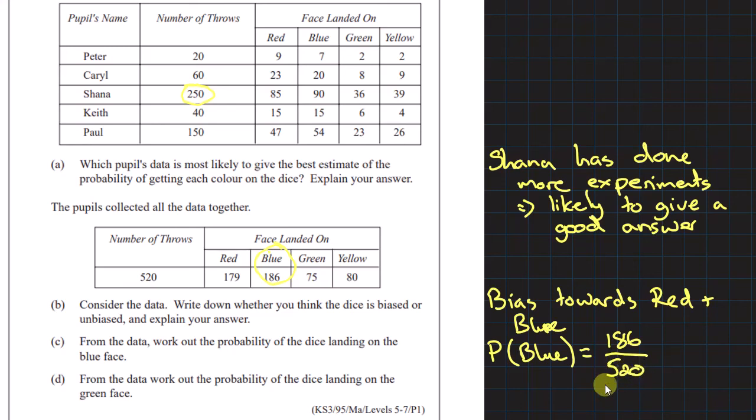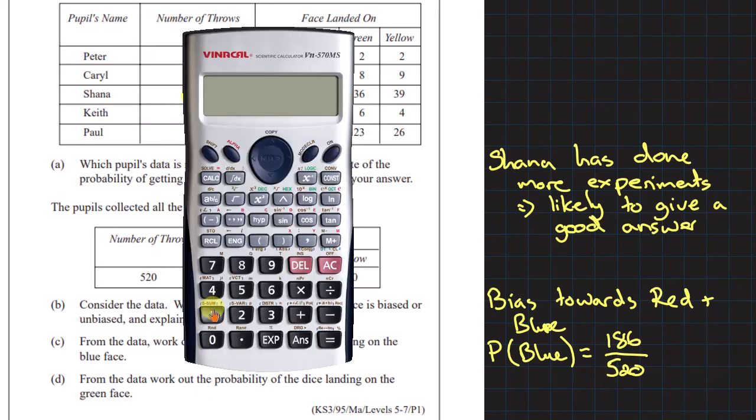Go to my calculator again. 186 divided by 520 gives me a probability of 0.357.